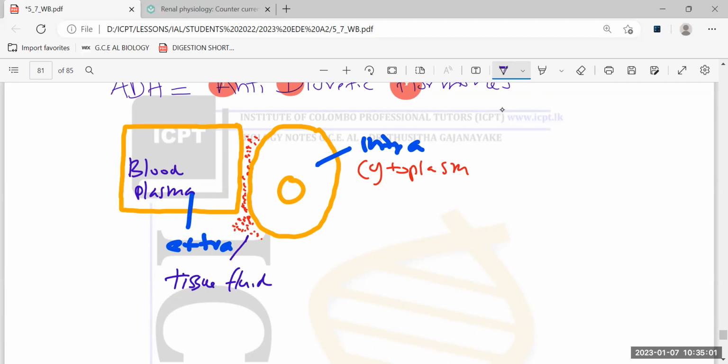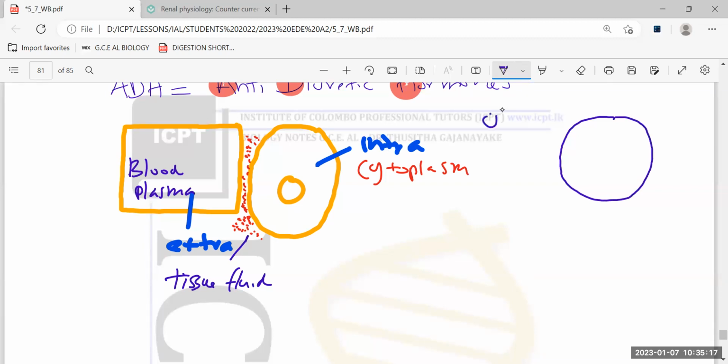Now there should be a correct balance between extracellular fluid and intracellular fluid, because of the basic concept we have learned at AS level.